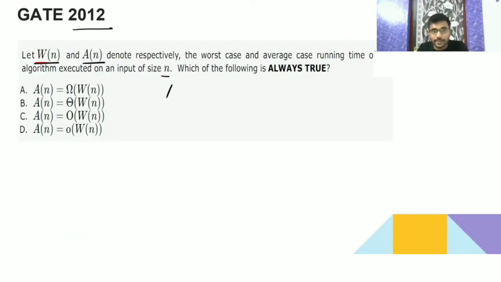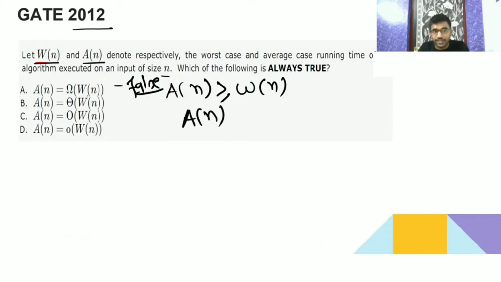They are saying An average is going to be greater than the worst one. It is false. Average is not always going to be greater than that. Sometimes average is smaller; in theta, it could be greater also or smaller also, so it is again false. An is smaller than or equal to C Wn.